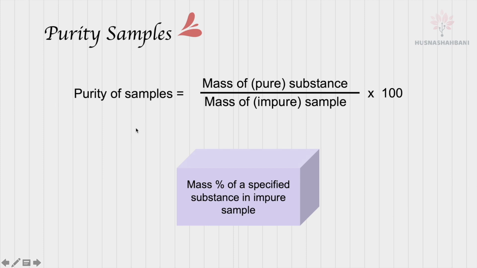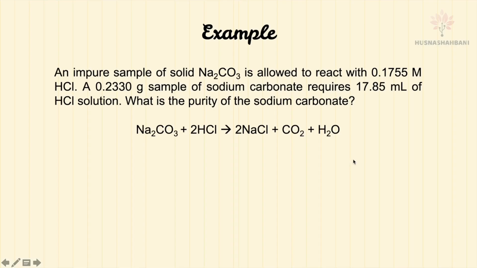Purity of sample is mass of pure substance divided by mass of impure sample times 100. So purity of sample is the mass percentage of a specified substance in an impure substance. Usually the mass of pure substance is smaller than the mass of impure sample.